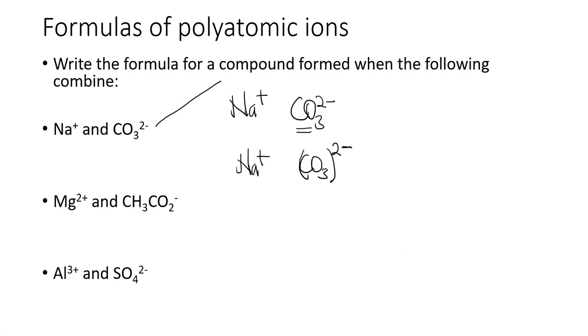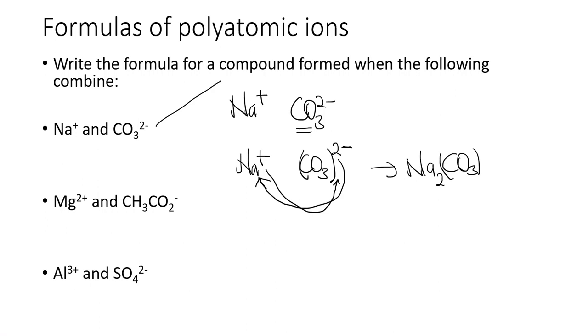After I do that, I'll transfer the number of the charge and put it down here. So that is crossing. And then I'll transfer 1 from here and put it down here. So in the end, sodium will have 2.